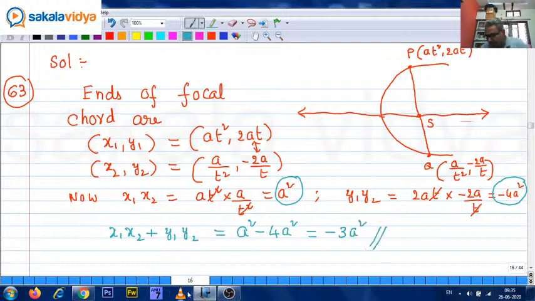This is the answer. So all of you check this question now: x1 x2 plus y1 y2 is equal to minus 3a square. If you practice all these problems, you will sometimes remember the answer also. In the examination, you can easily tick the mark.